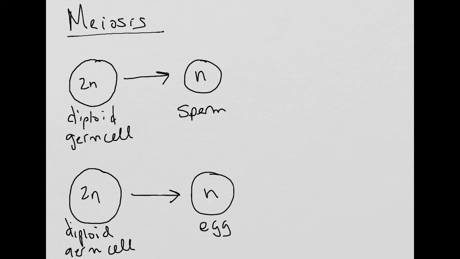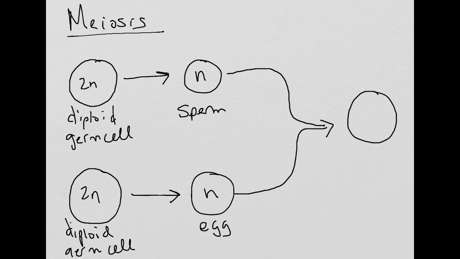And those will come together. The egg and sperm will come together to make the zygote, which is a 2N, diploid zygote. So this will become the baby, or the seed.